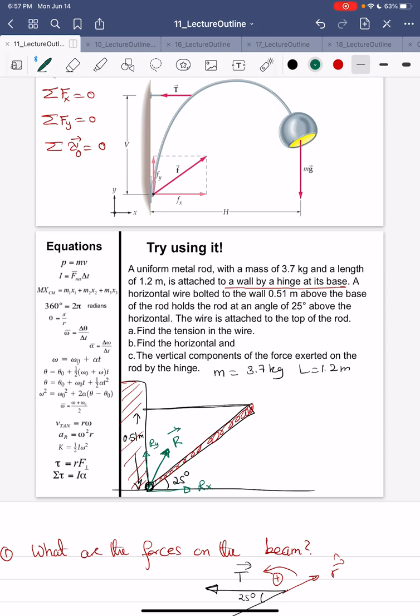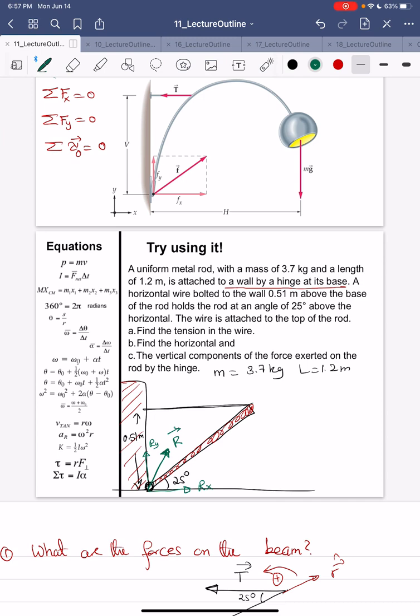Sometimes you will not be able to correctly find its direction, and never mind, your solution will not be wrong. The only thing that is going to change is you're going to have a negative, and then you know that you need to switch the direction.